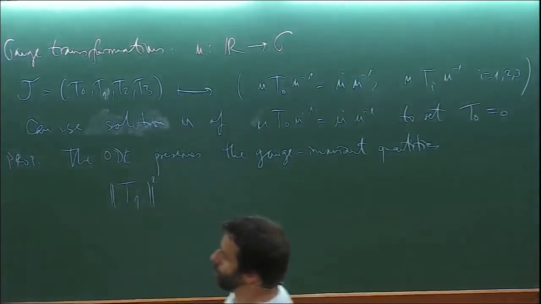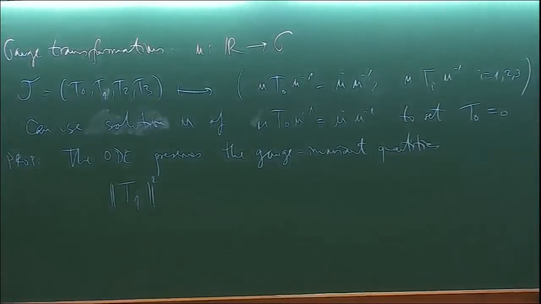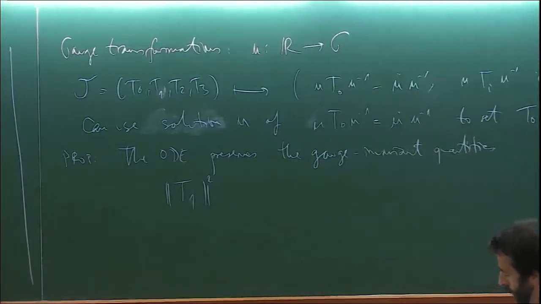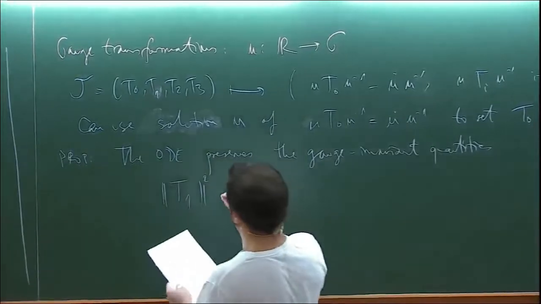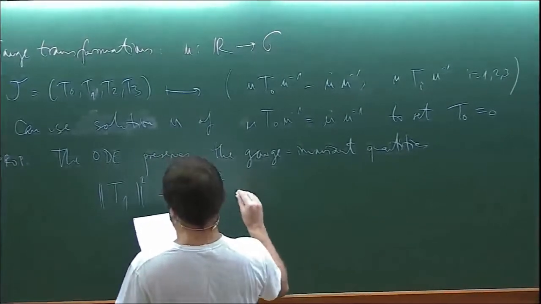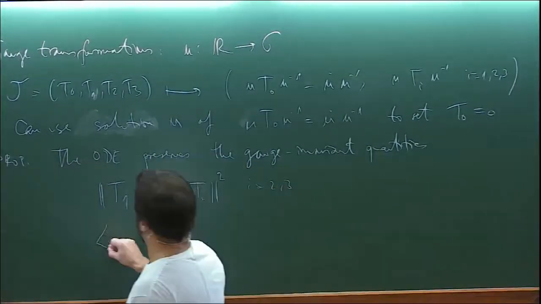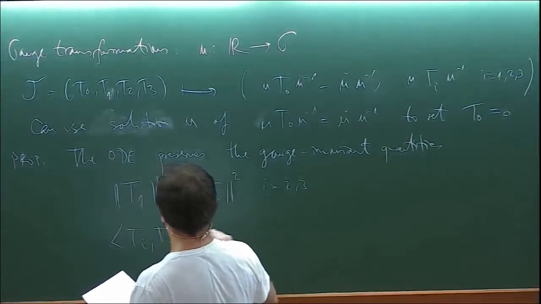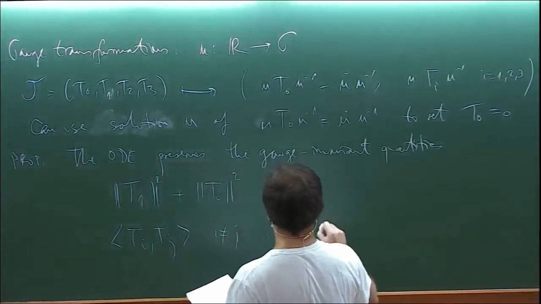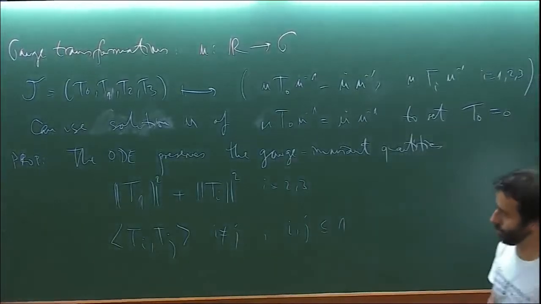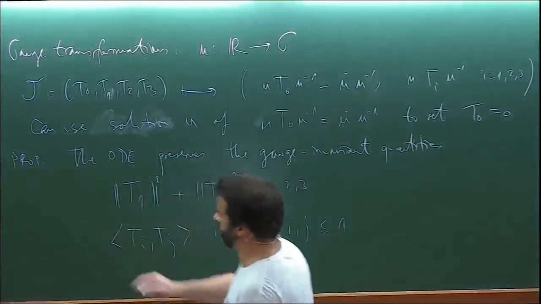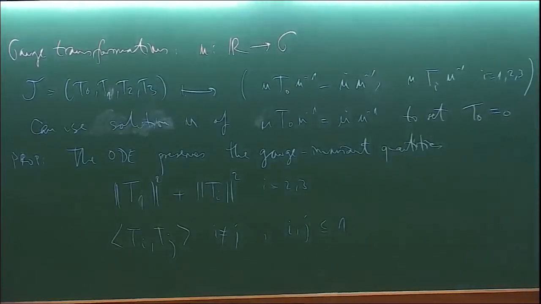These Ti's that represent the connection are valued in the Lie algebra, so I'm using inner products there. These are conserved quantities, and also the inner product of Ti and Tj for i different from j. This is just a calculation, using the equations, taking the flow under these ODEs, and you can see that these are invariant.